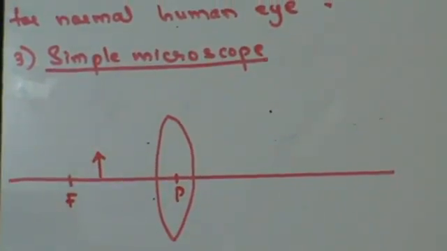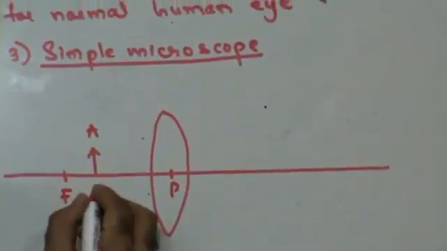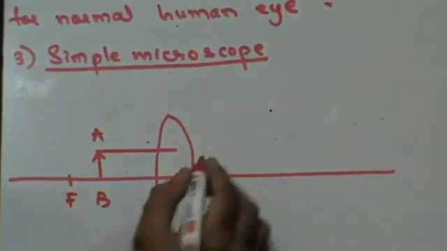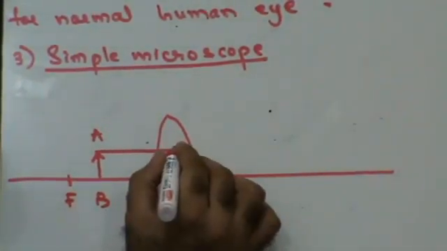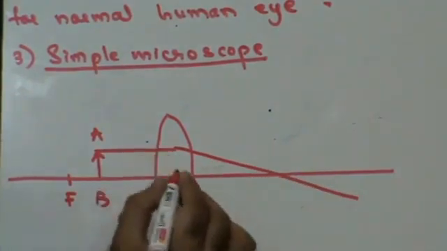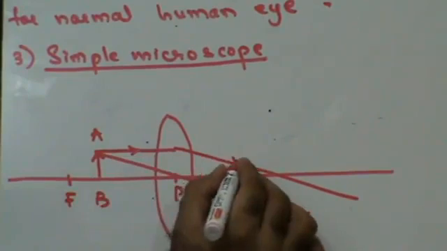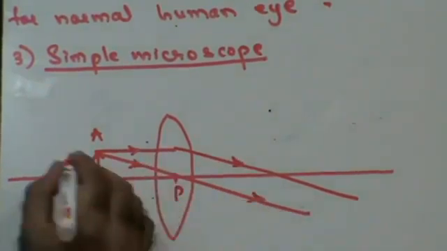This is the object, say AB. You would have a ray of light passing straight and passing through the principal focus on the other side, and another ray of light passing through the pole. This is how the rays of light will pass.